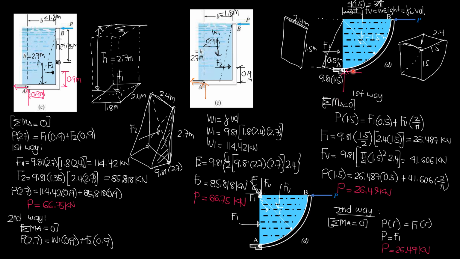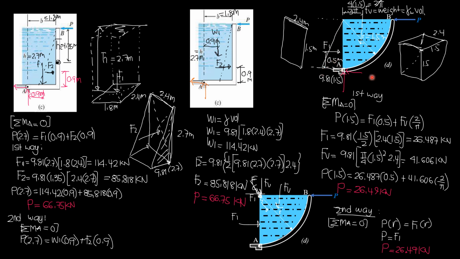Then for the circular part, R is 1.5. I'll present two solutions here. Summation of moment about A equals 0. P times R, which is 1.5 meters, is equal to F1 times this distance here, 0.5. 0.5 is 1/3 of 1.5 because the pressure diagram is triangular.